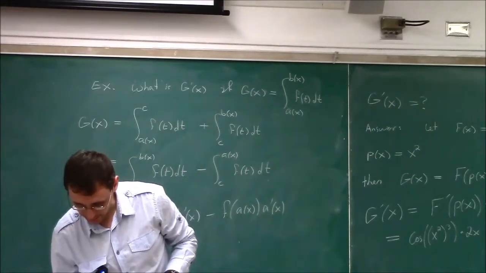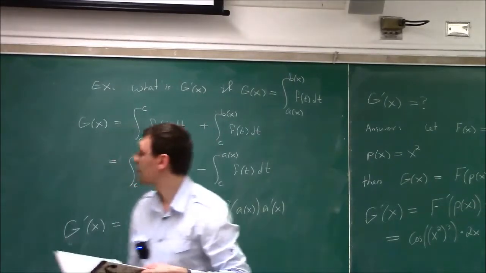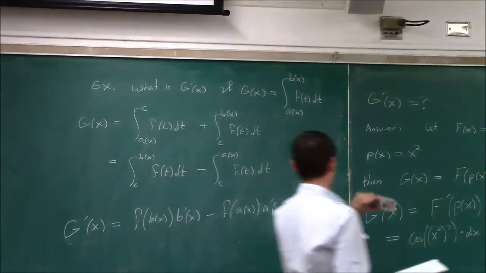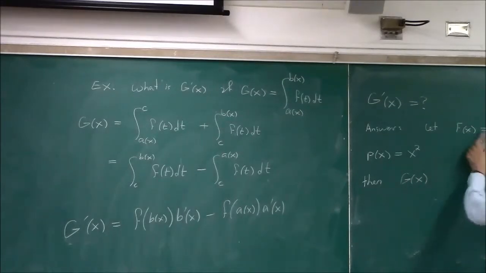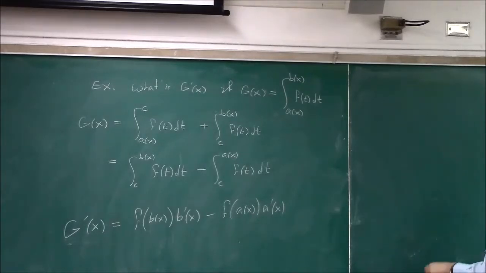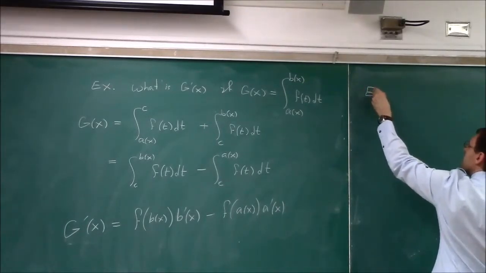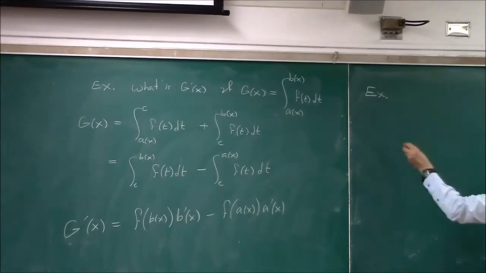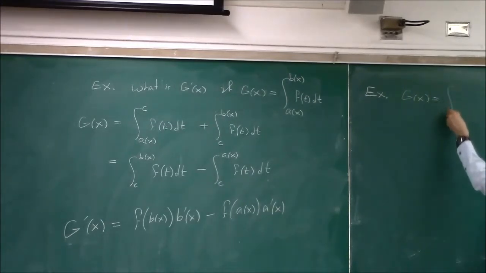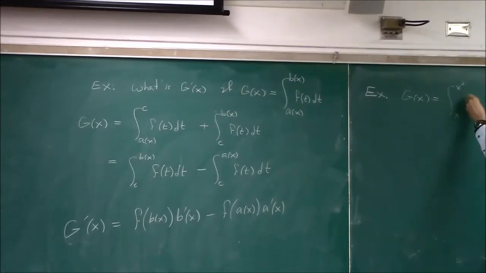So let me give you an example of how that works. Suppose that g of x is equal to the integral from x to x squared of e to the t squared dt.